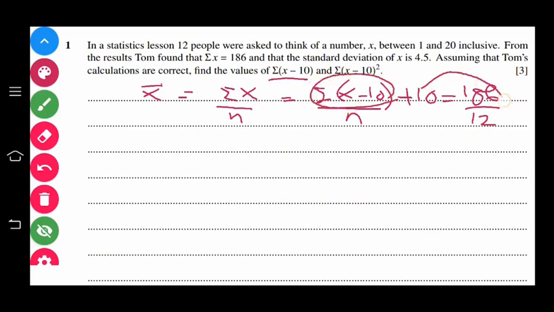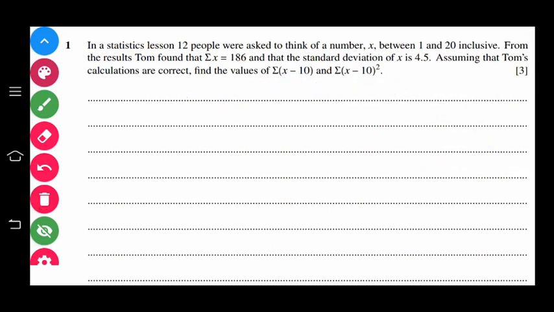That means take 10 to the right side, we get 186 by 12 minus 10. Now that is cross multiplied by n, which is 12. We get the value in a very simple way as 66. And in case of variance or standard deviation, in case of finding sigma (x minus 10) the whole squared, we have to use variance or standard deviation. You know the formula for that, and do the similar calculation.